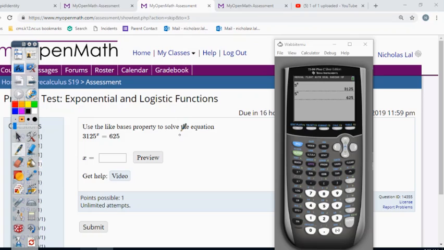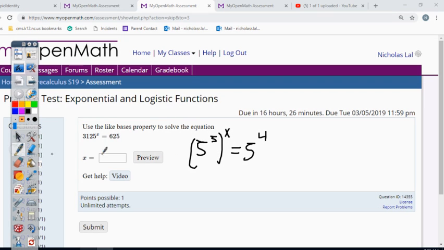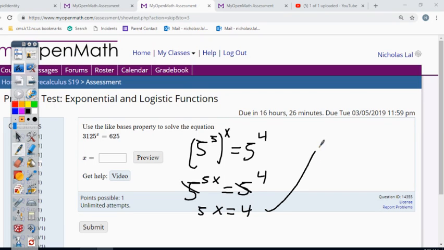After verifying that with my calculator, I have 5 to the 5th power to the x is equal to 5 to the 4th power. So that's 5 to the 5x power is equal to 5 to the 4th power. I have a common base of 5. Eliminate that common base. 5x is equal to 4. Divide each side by 5. x is equal to 4/5.